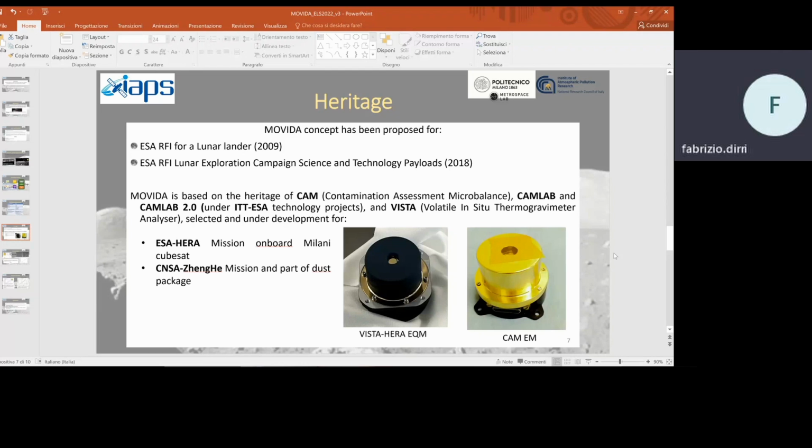It was for ESA always, but for another project. So yes, the answer is yes. We can propose it for a spacecraft or a rover, and it's very small, and the power required is around 0.5 watt in passive mode. In active mode it is around 1 to 1.5 watts.